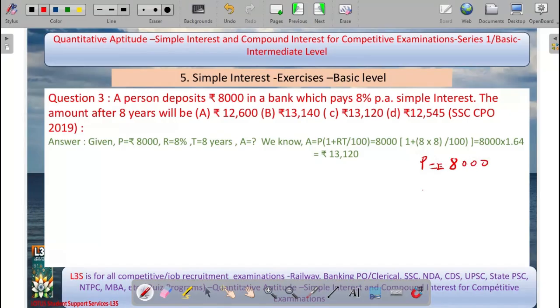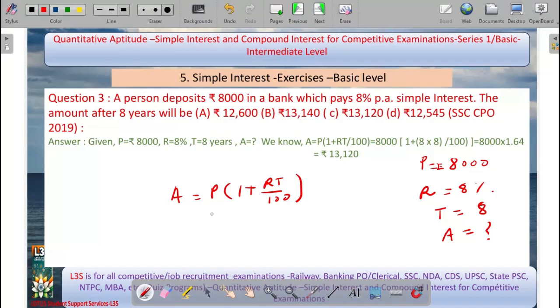How much interest is given? 8%. And T is given as 8 years. So we have to find out A. We can use the formula P into 1 plus RT by 100, and directly find out A.